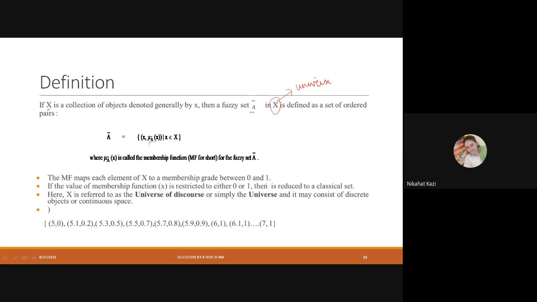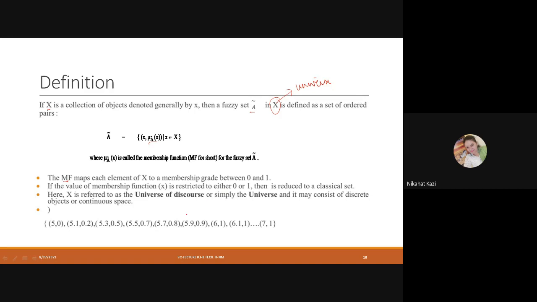The moment this MF directly maps the value to either 0 or 1, my set is a classical set. And the moment I start giving grades between 0 and 1, my set becomes a fuzzy set.